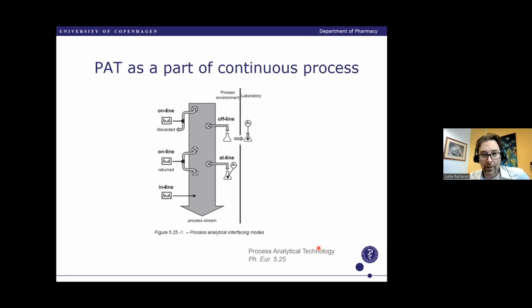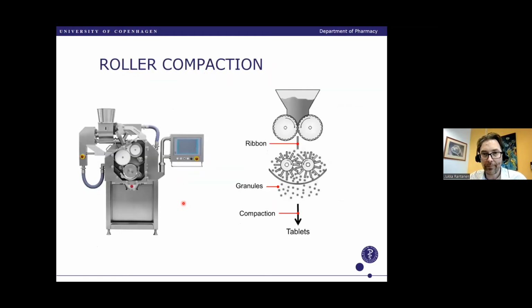And again, these installations you can do differently. So most likely this inline installation would be very useful for really measuring the properties of material while it's moving in the production stream. And we can look at an example in a bit more detail with the roller compaction.